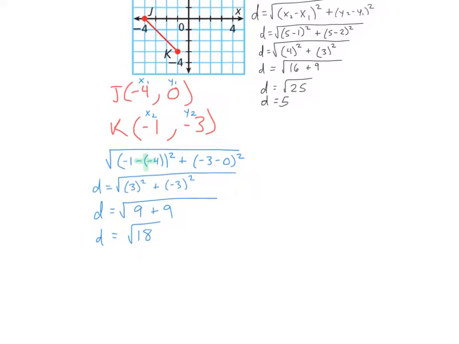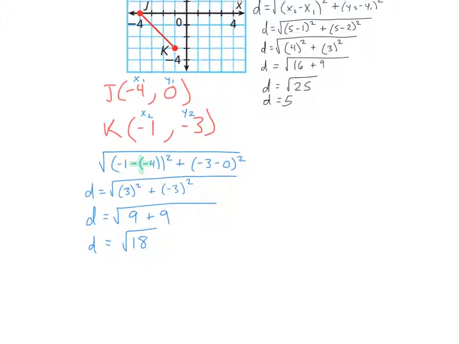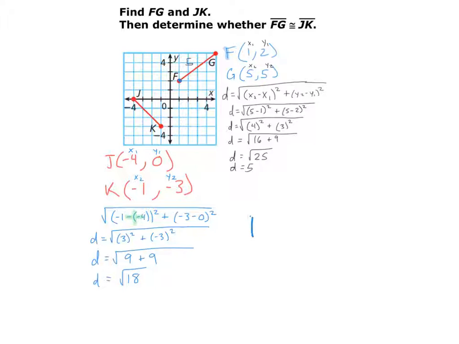Is the square root of 18 equal to 5? No, so then FG is not congruent to JK. Because they're two different lengths. Yeah, that's a G, sorry.